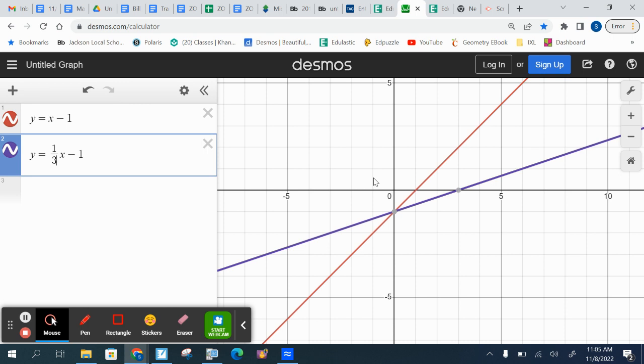So I would take my line and stretch it out away from the y-axis horizontally.